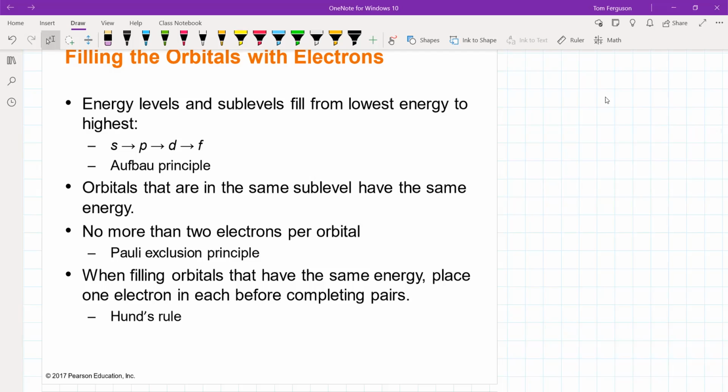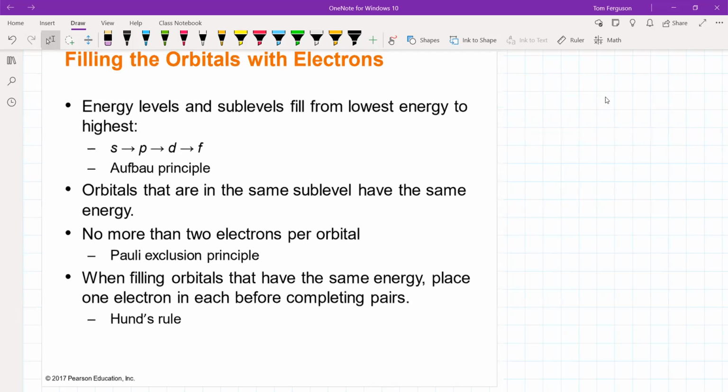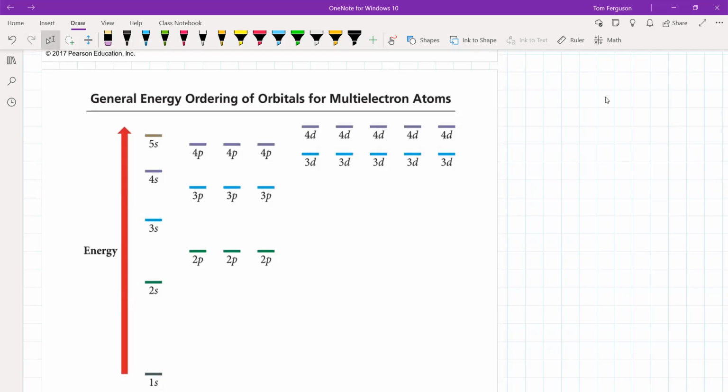If we're filling orbitals that have the same energy, or degenerate, like P's, D's, and F's, those are going to be filled one per orbital. So you don't pair them up right away.